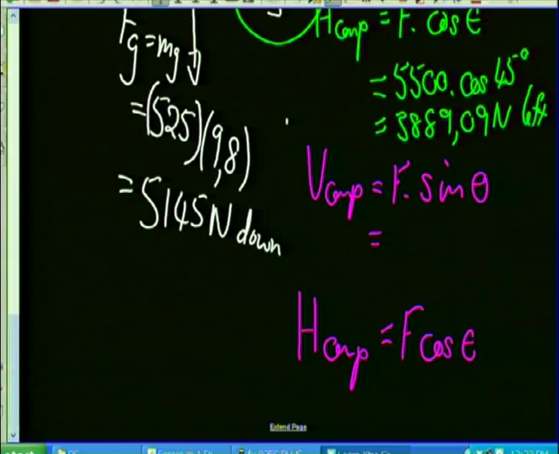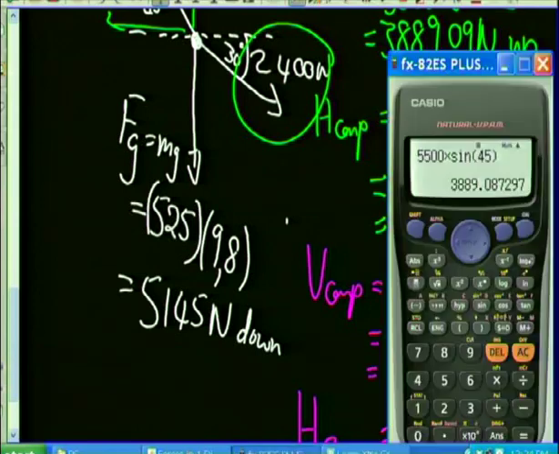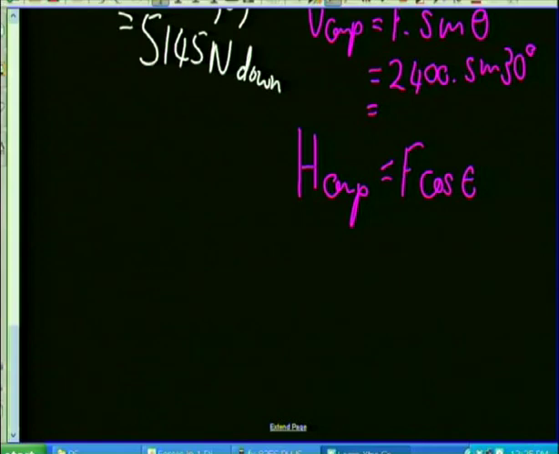In this case, the magnitude was 2,400. The angle was 30 degrees, sine of 30. Let's plug it in and see what we get. So 2,400 times the sine of 30 degrees, which is equal to 1200. From the calculator, we can say that this is 1200 newtons down.